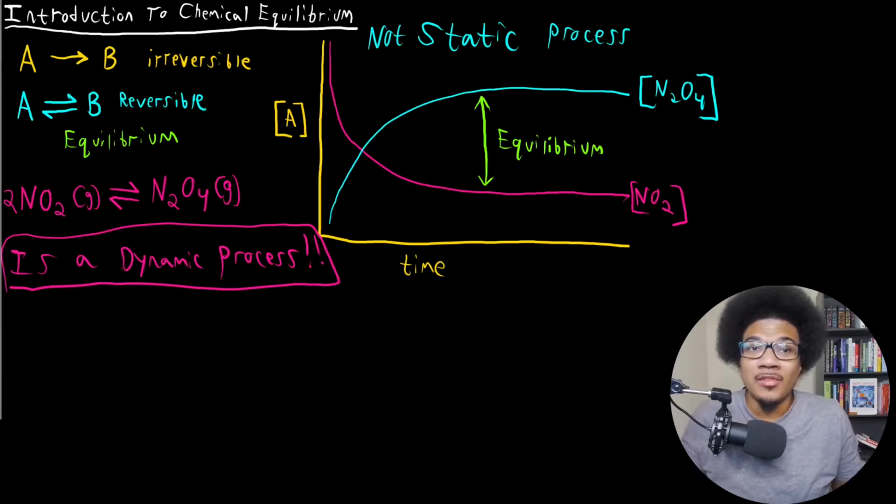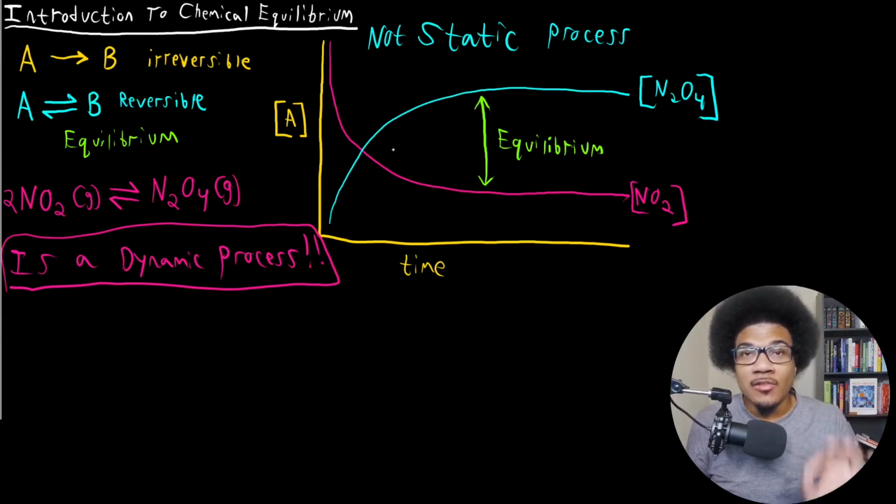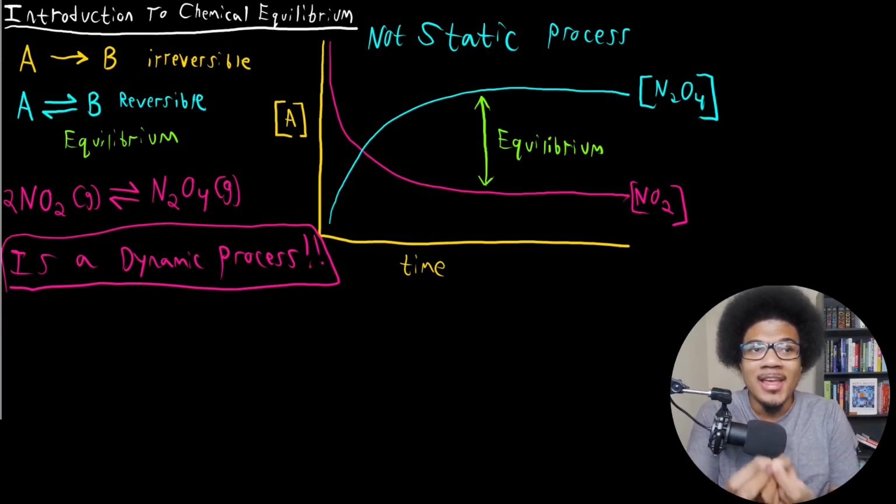The concentrations are stable. So I don't want you to think that because these concentrations are not changing, everything's just ground to a halt. These reactions are still going on. It's still a very dynamic process, but at this point, the concentrations are not going to change. Okay, so that's a general introduction to equilibrium. Now the rest of this unit will focus on how we quantify equilibrium.